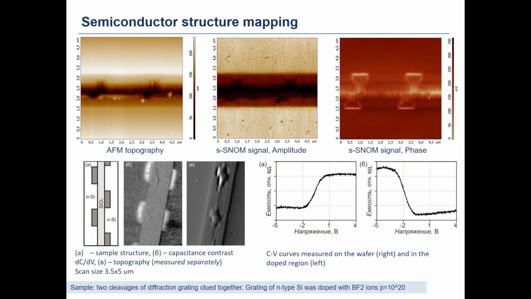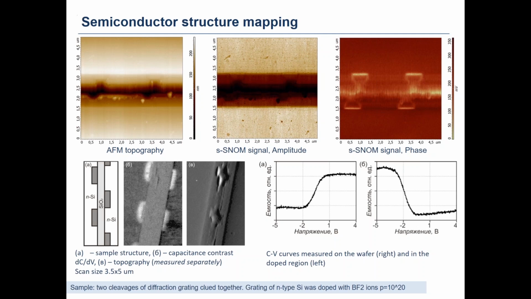On the cross section, in the AFM topography image, we can see that this is the structure, and on the s-SNOM signal, we can see on the amplitude signal, the optical amplitude corresponds to the real part of the dielectric permittivity of the sample.